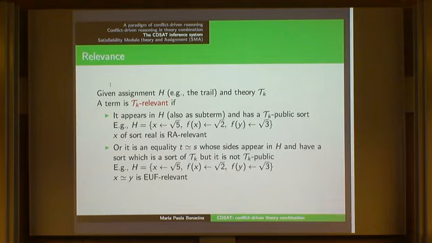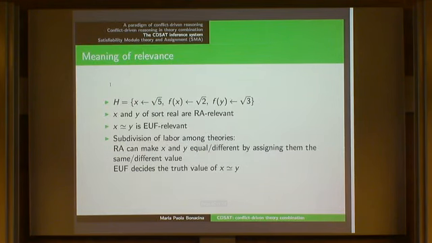That is the job of the theory of the reals. But the equality between the two reals is relevant to the theory of equality, and that is why it enters in this definition. So again, if we look at this assignment, x and y are relevant for the theory of the reals, and on the other hand, x equal y is relevant to the theory of equality.